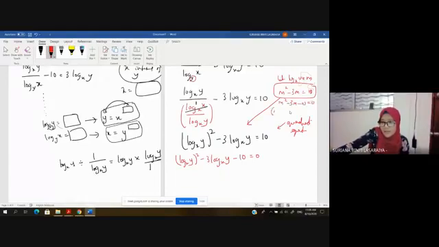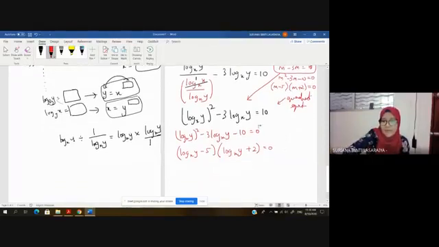Then you factor out M minus 5, M plus 2 equals to 0, kan? So in this case, you akan dapat log xy minus 5 multiply with log xy plus 2 equals to 0.